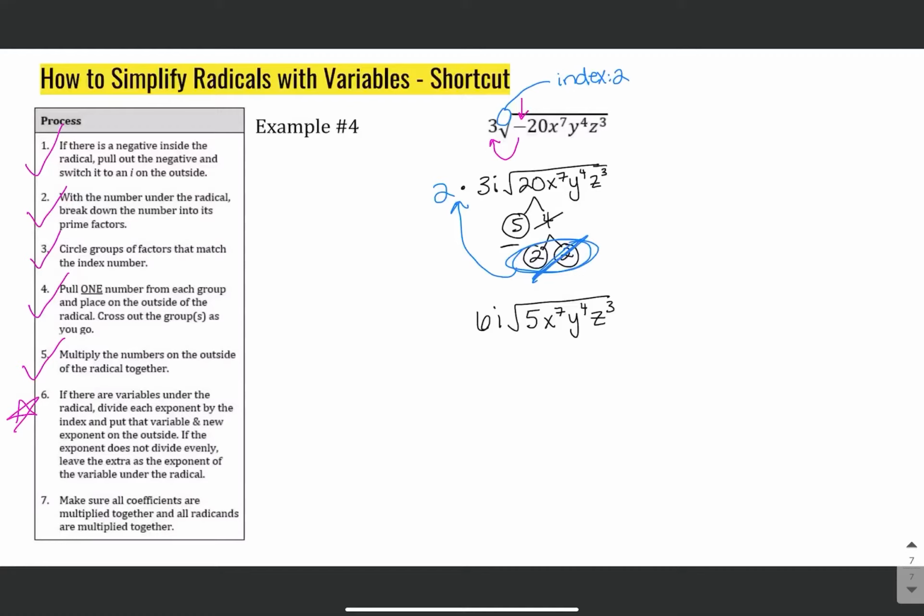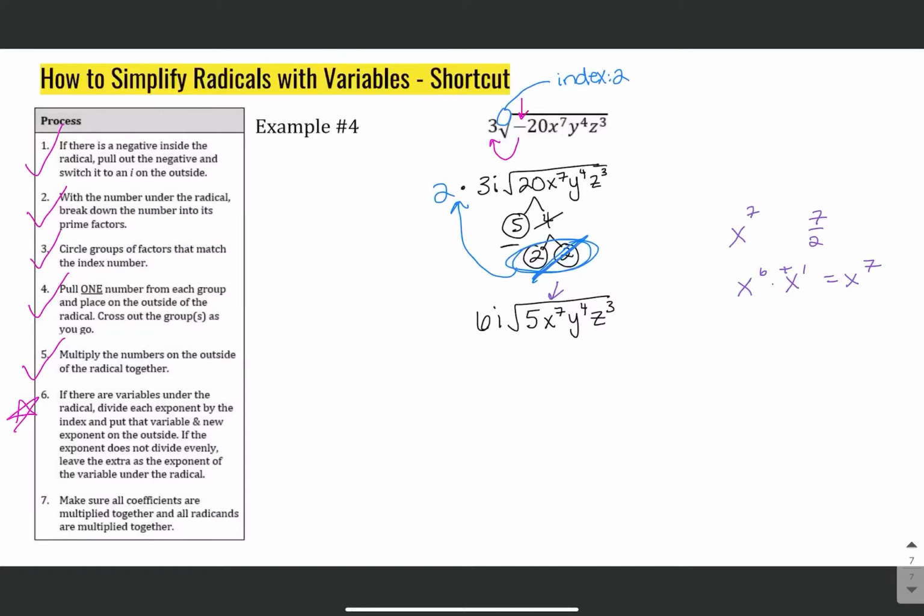So, for example, I'm going to think about my first variable, x to the 7th. Now I know that my index is 2. So if I take 7 and divide by 2, I know that it will divide evenly three times, because that would be like x to the 6th times x to the 1st, because again, that would add up to 7.